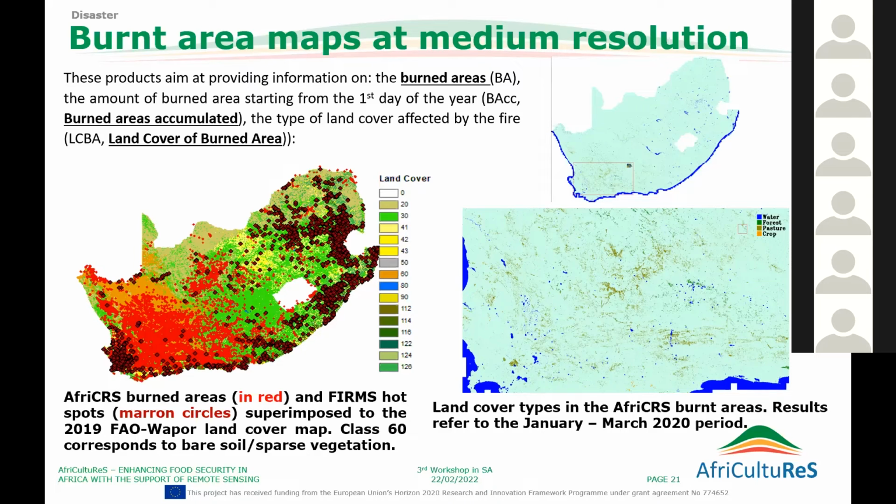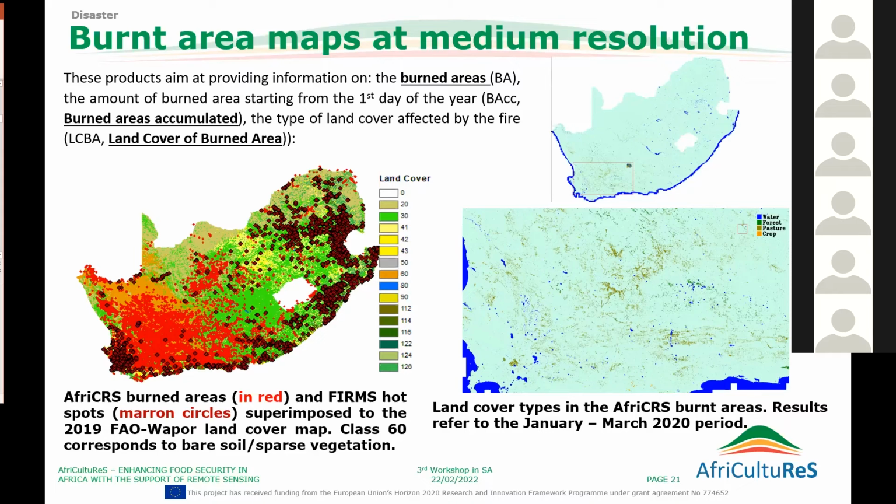What we are providing is not just the burned area computed every 10 days, but also an accumulation of the burned area along the year. At the end of the year, we can compare the affected area of this year with the previous year or two years before and so on. This becomes easy to compare one year with the other.